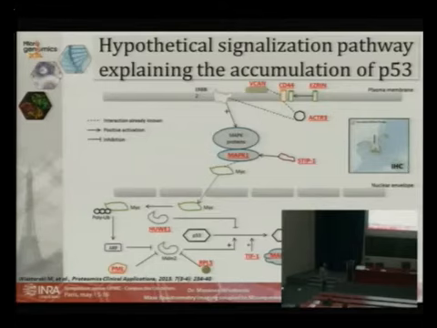All the proteins in red here are the proteins we found by our techniques, and all of these can interact to inhibit the degradation of p53, and also to activate the expression of the gene TP53.